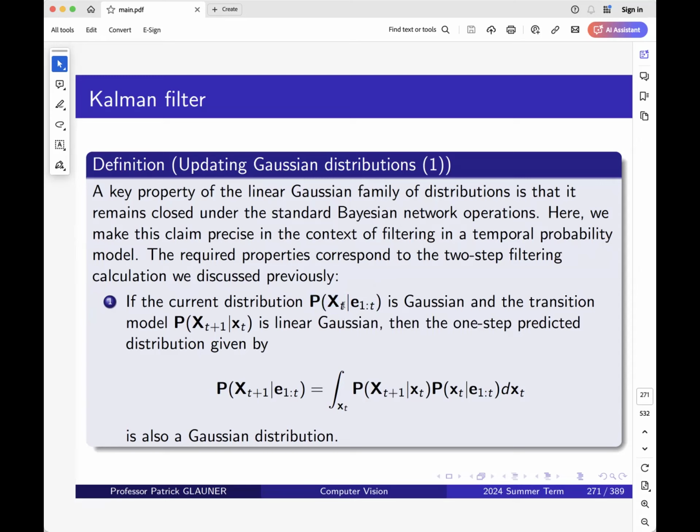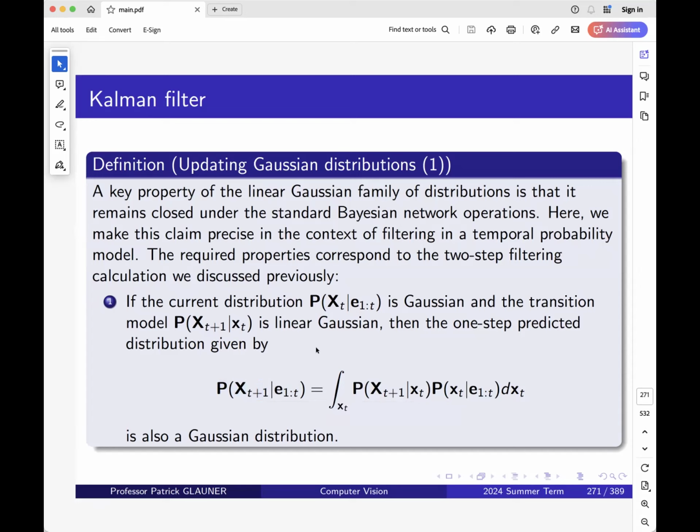This is a Gaussian, and the transition model where we say p of xt plus 1 given the past xt is a linear Gaussian. If you assume this, then the one-step predicted distribution can be written out as such, which means the probability of xt plus 1 given all the evidence, because now I'm going to the next xt given all this evidence.